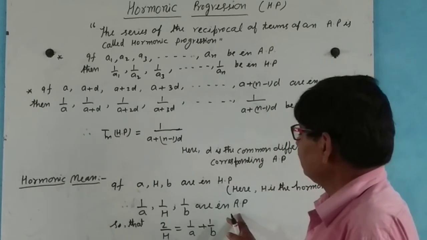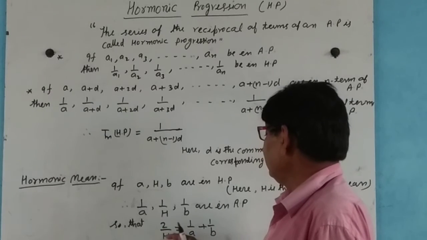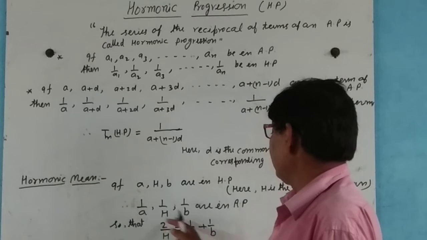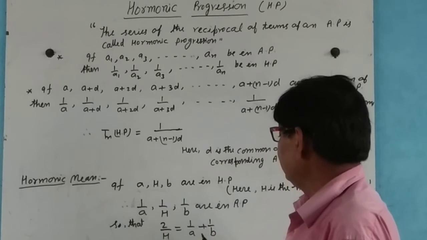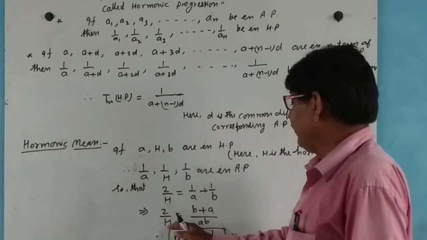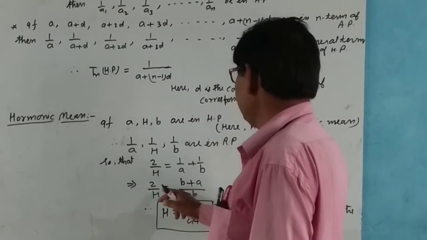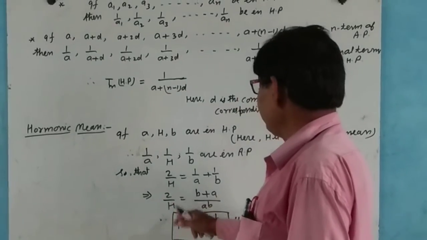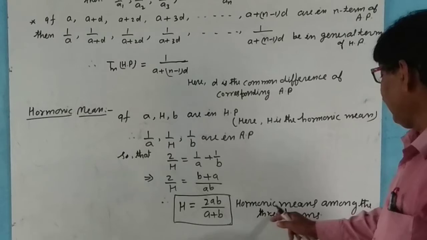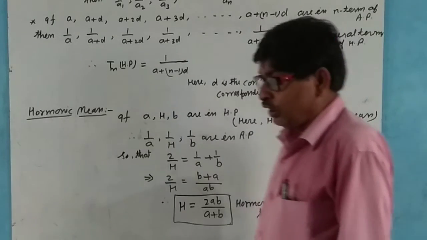So 2 into 1 by H equals the sum of first and last terms, 1 by A plus 1 by B, so 2 by H equals (A plus B) by AB, and after that H is equal to 2AB by A plus B. This is the harmonic mean among the three terms.